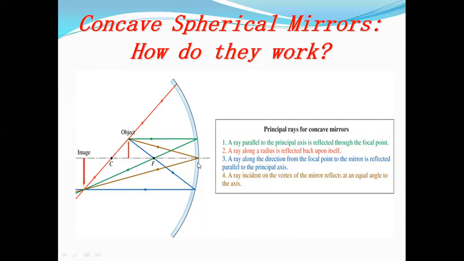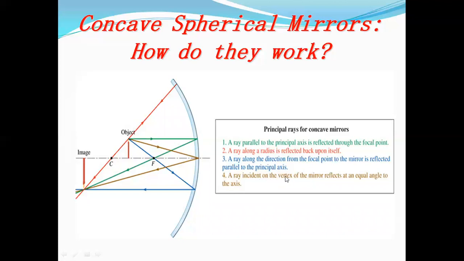The principal rays of a concave mirror: a ray parallel to the principal axis is reflected through the focal point. A ray along a radius is reflected back upon itself. A ray along the direction from the focal point to the mirror is reflected parallel to the principal axis.